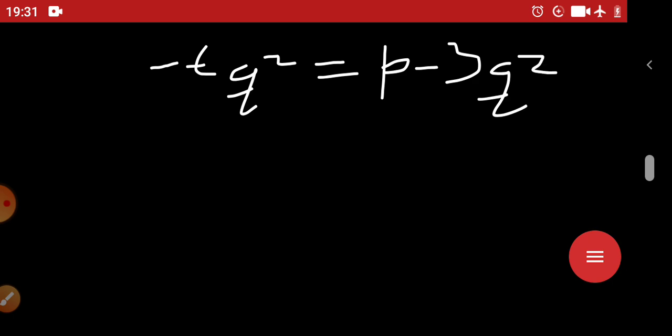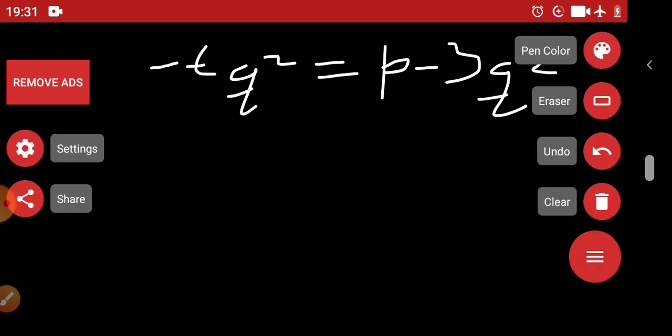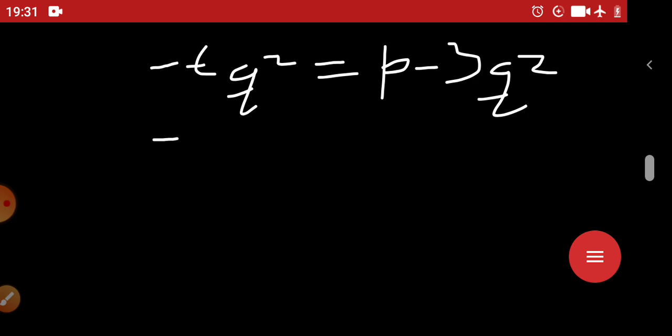Let me write it again. We'll have negative t times q squared is equal to p minus 3q squared. Now we need to leave t as the subject of the formula.